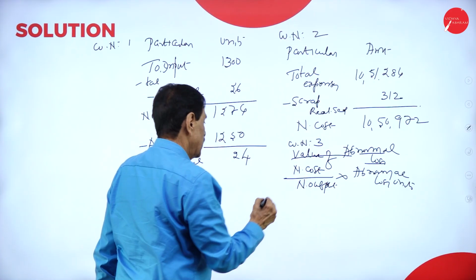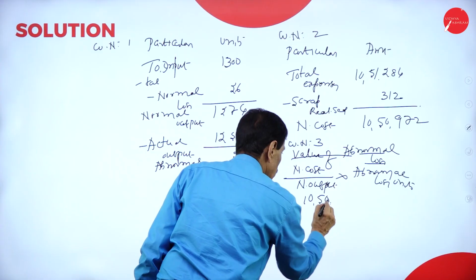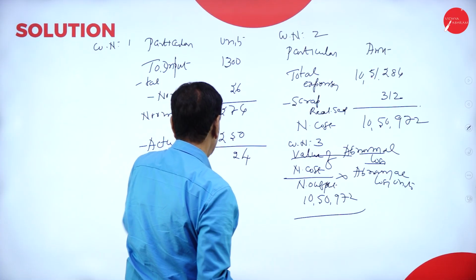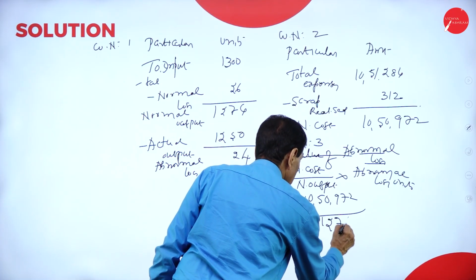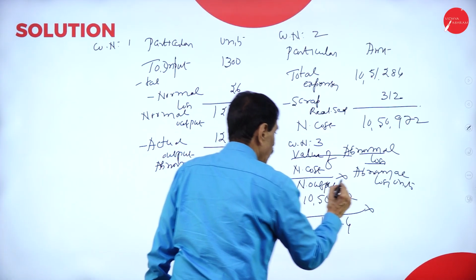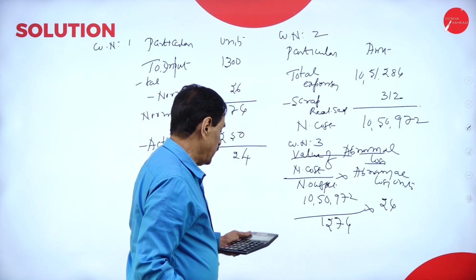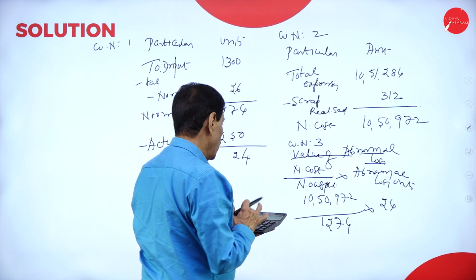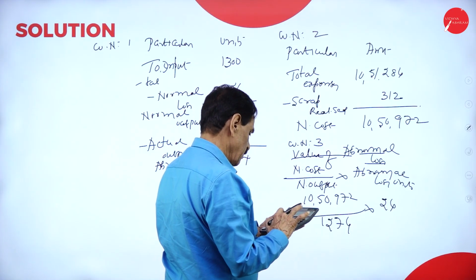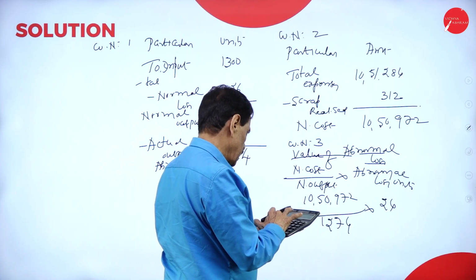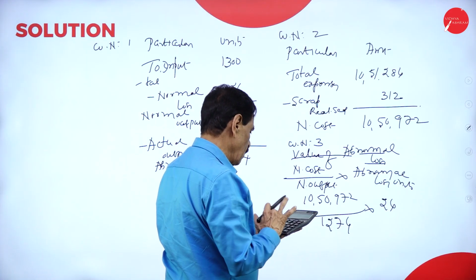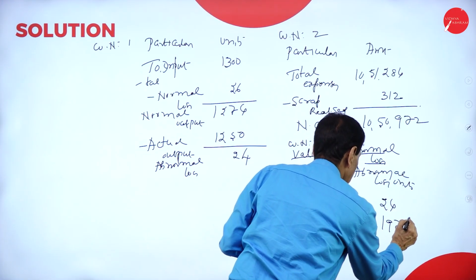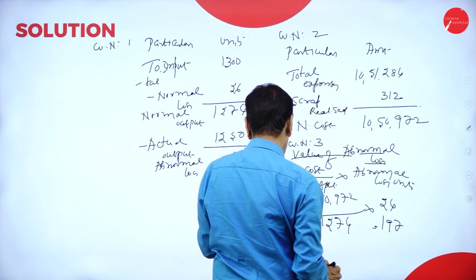What's your normal cost? 10,50,972. What's your normal output? 1274, multiplied by 24 units. 10,50,972 divided by 1274 into 24, which is 19,799.